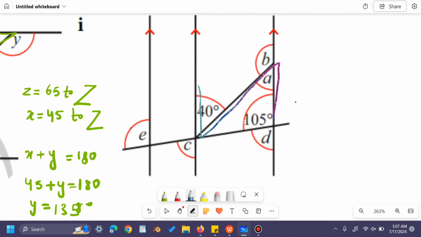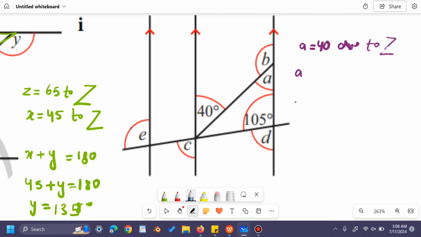So A is equal to 40 degrees due to X. No, not X. Again, I made a mistake, due to Z. Now we know A. What about B? Can we find B? Yes, surely we can.